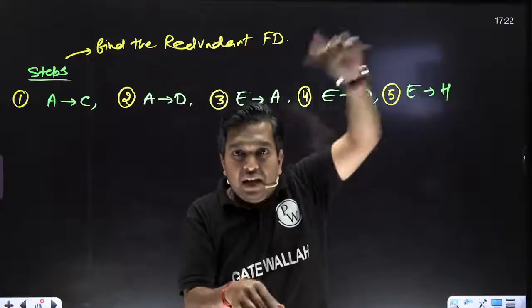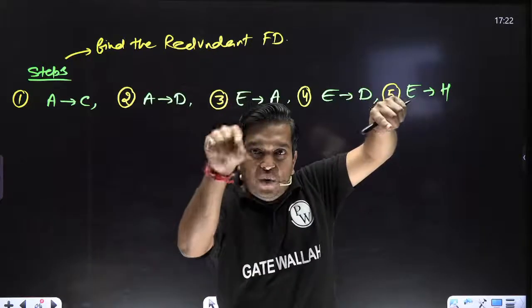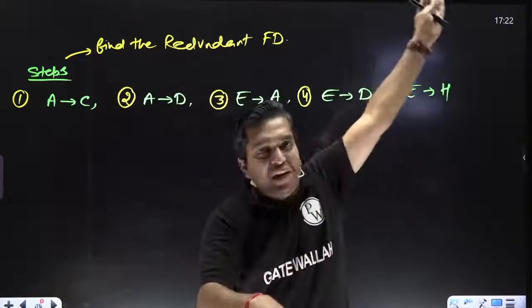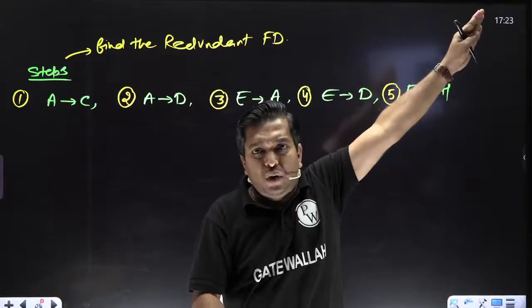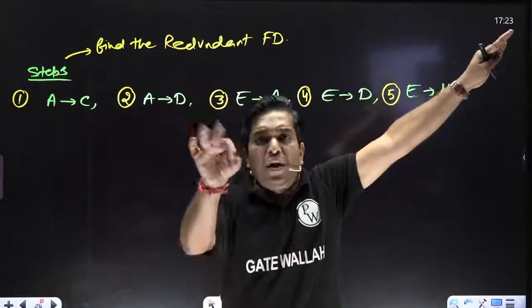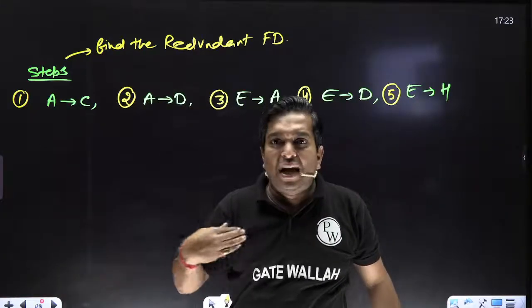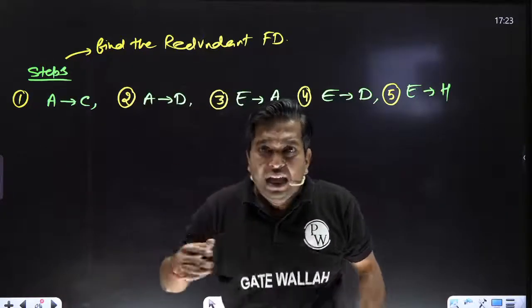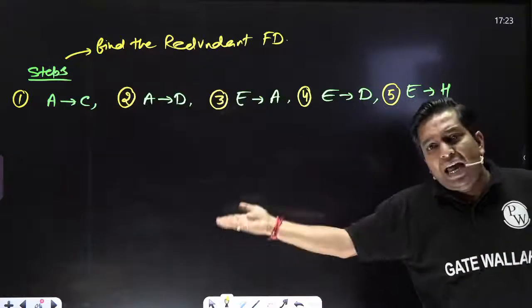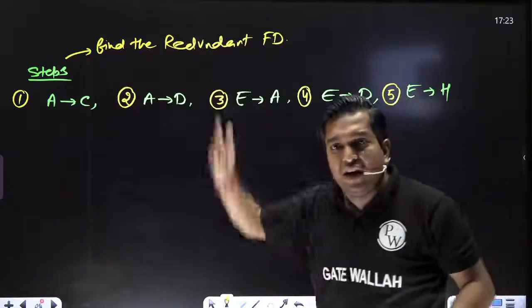Whatever work you were able to do earlier with these 5 friends, if you remove that friend, you are again able to do the same work. Yes, I am extra. Whatever work is done by me, if I remove myself, then again I am able to do whatever work we were doing earlier.